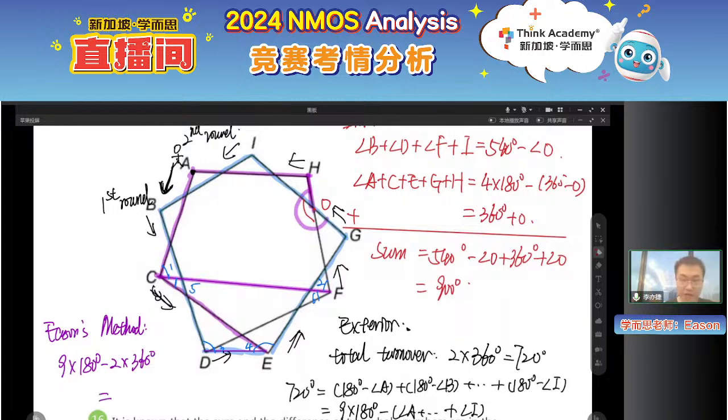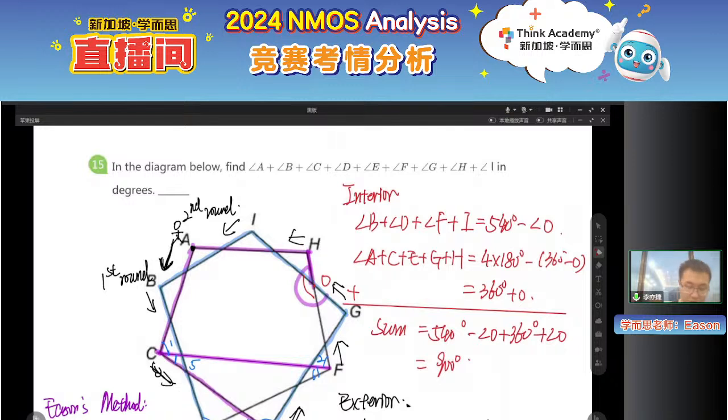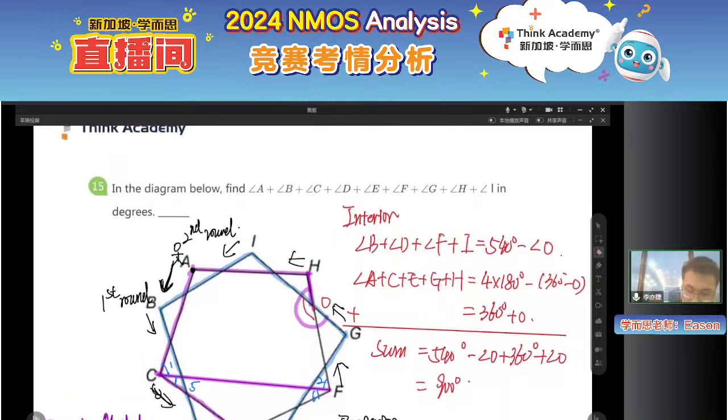I see this picture, I just use this formula to get the answer, which is 900 degrees. Actually, this is the same as the exterior angle method, but how do I directly get this equation? Anyone knows it? Anyway, the angle calculation is the basis, so this is a very basic figure, so maybe this should be an easy question.